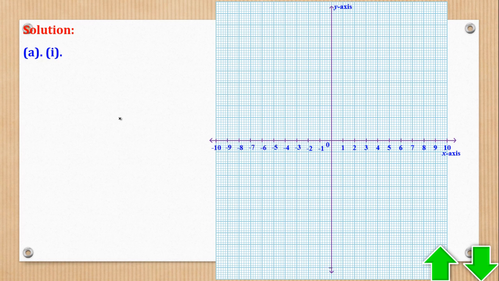Do the same for the vertical axis, and put a scale. Okay, so now we shall start to plot.